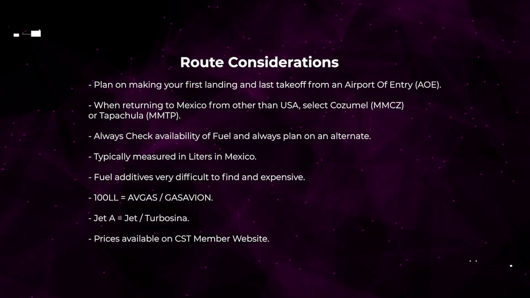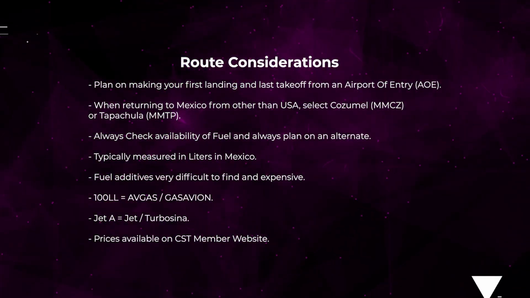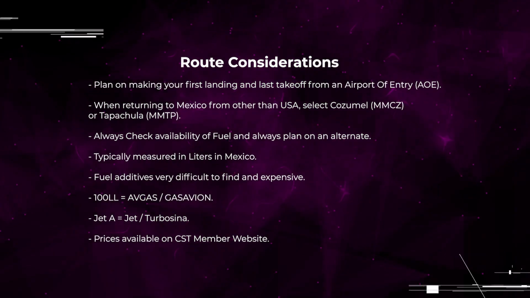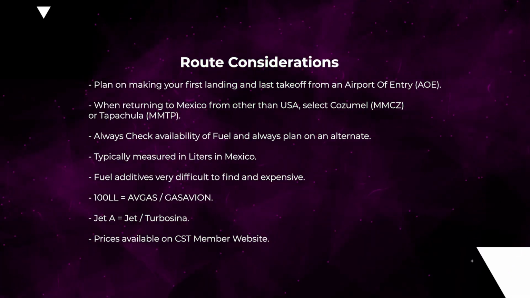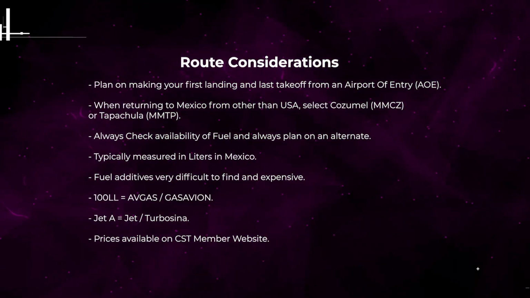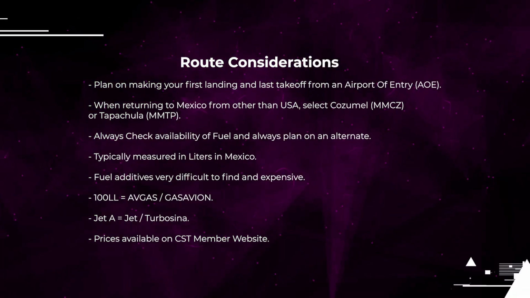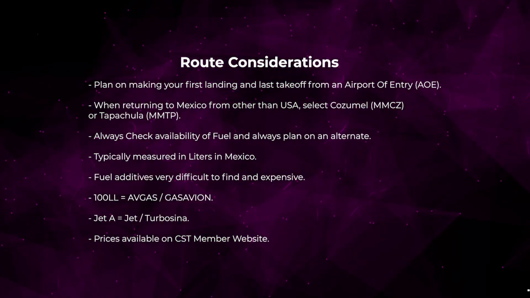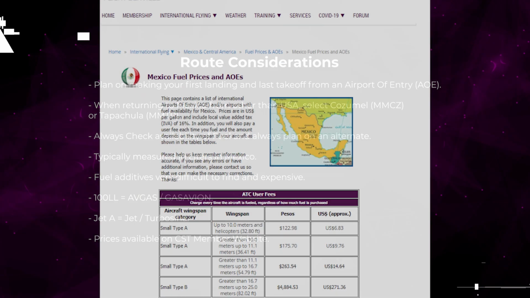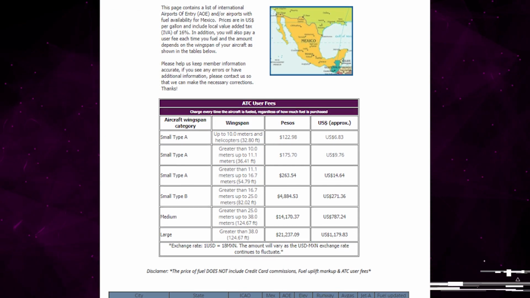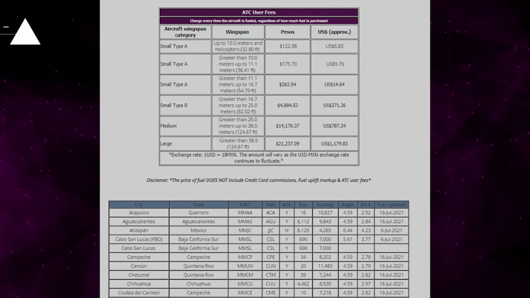So we recommend you bring what you will need with you. In Mexico, 100LL avgas is known as gasolina avión, and Jet A is known as turbosina. Mexican airports of entry and fuel prices in Mexico are posted on the CST member website and updated twice a month.